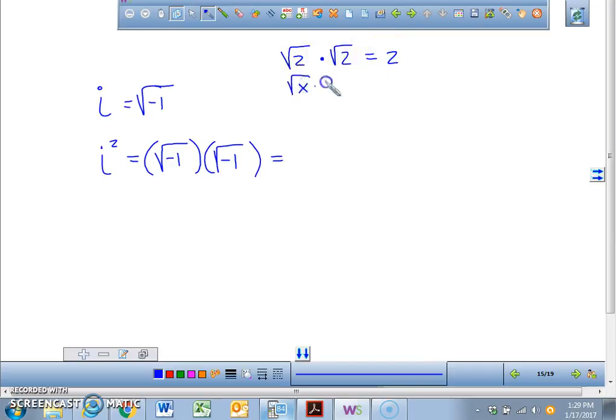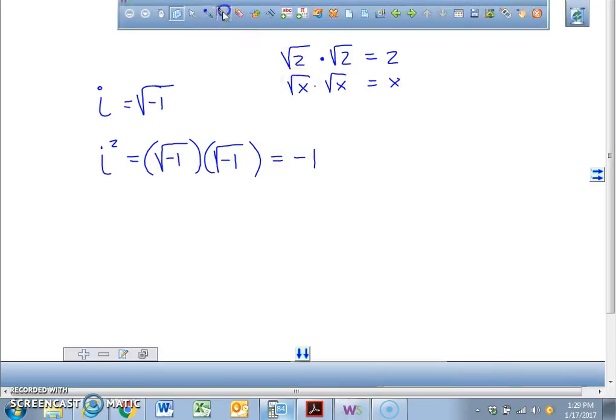What's the square root of x times the square root of x? What's the square root of negative 1 times the square root of negative 1? Negative 1. So I want you to look at something real quick. You see how whatever number's here, whatever number's right here, that becomes that number.